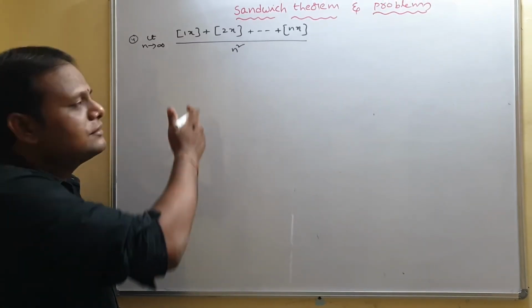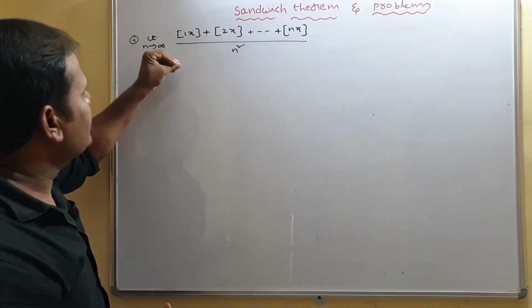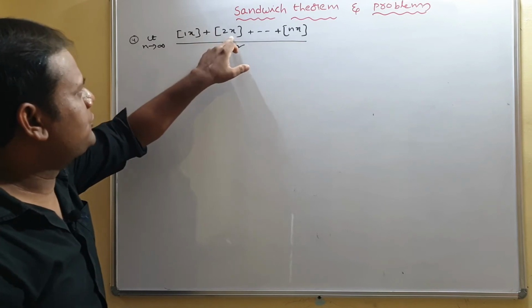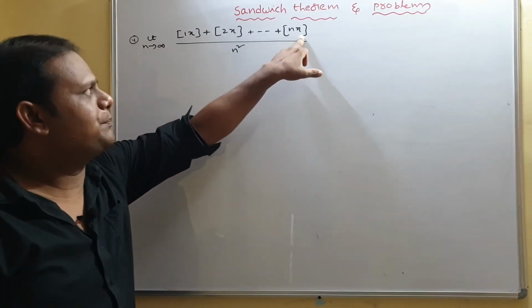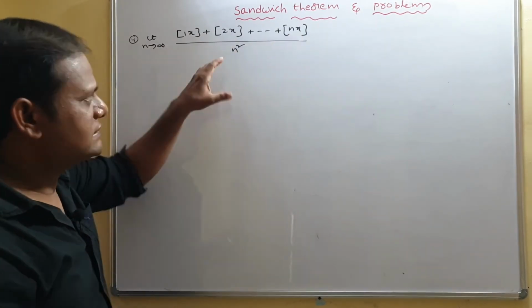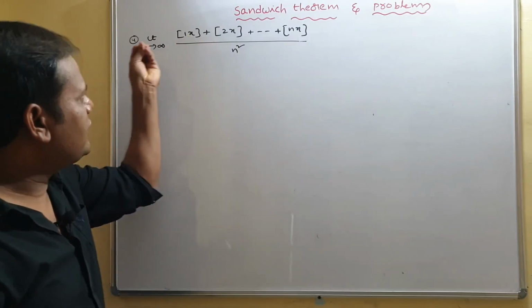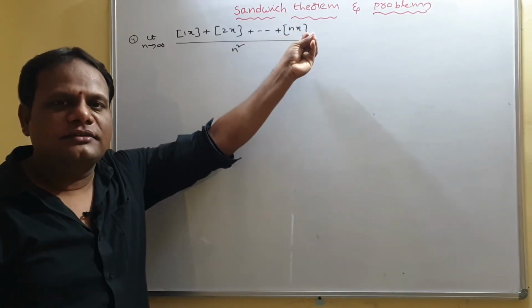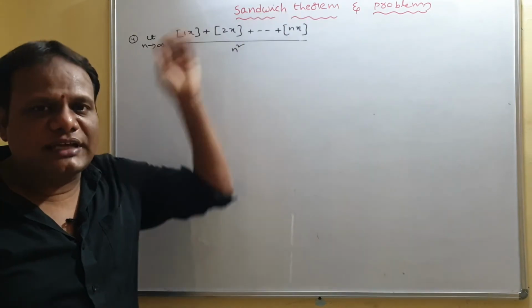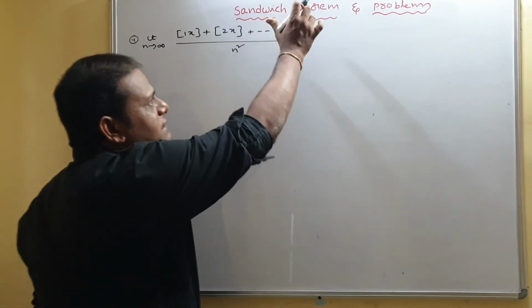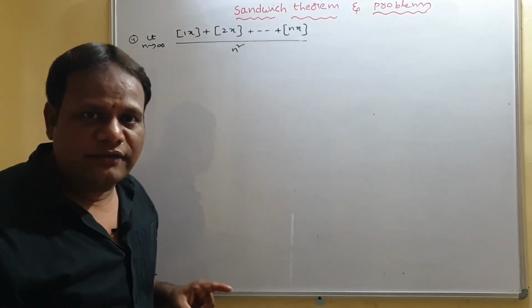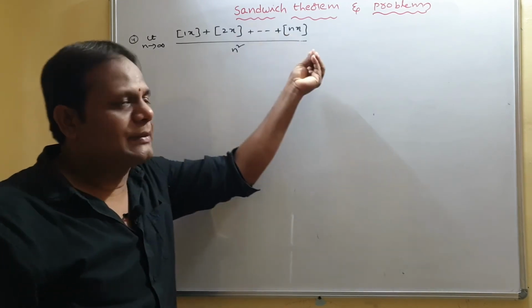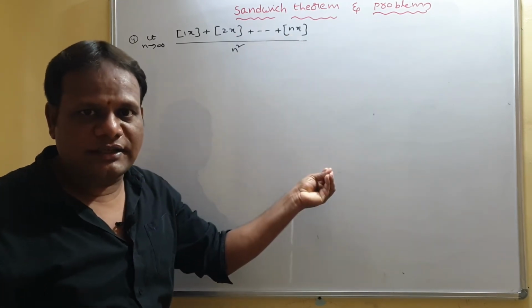Moving to next. Limit n tends to infinity, step 1x plus step 2x plus so on plus step nx by n square. So here we are unable to evaluate it directly. Again, I am going to use the sandwich theorem. But to apply the sandwich theorem, we want one inequality. So with step functions, we have one inequality.